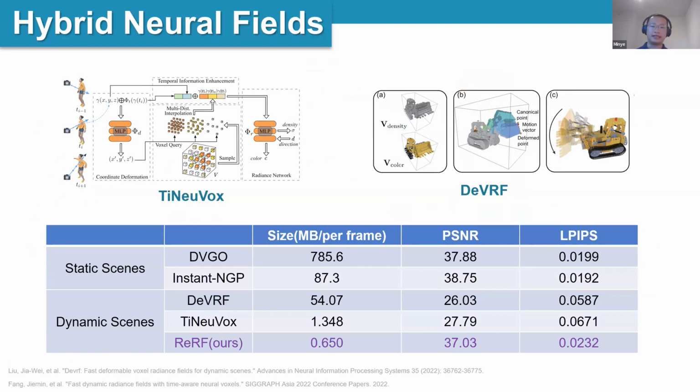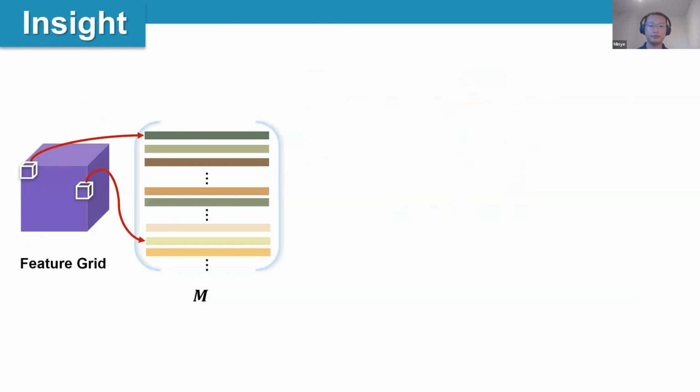Let's look into a simple toy example. Assume we have trained a feature grid using DVGO, where each vertex in the grid stores a feature vector. We then partition the grid into A times A times A voxel groups, each of which can be reshaped into a long vector.